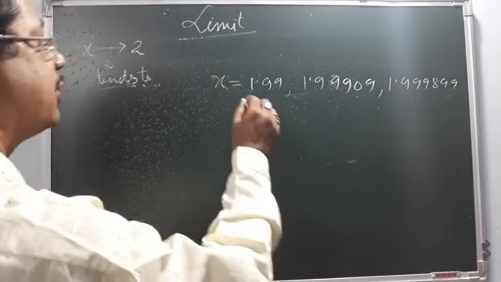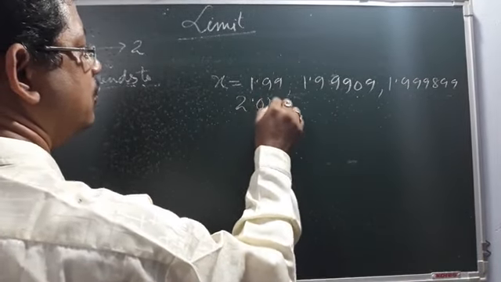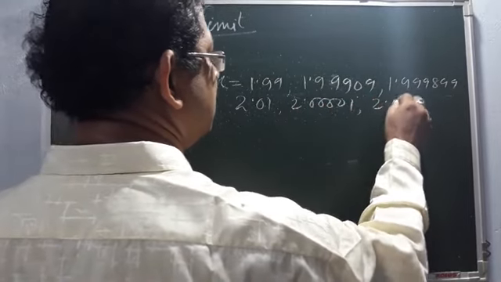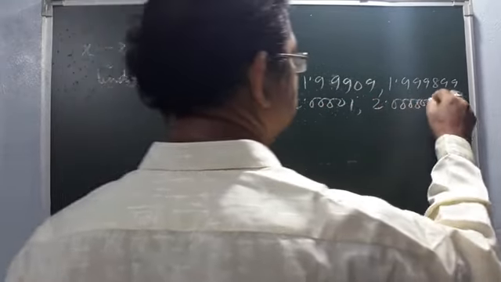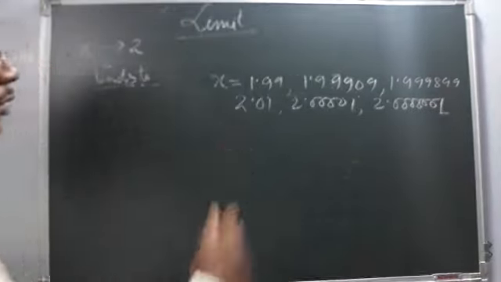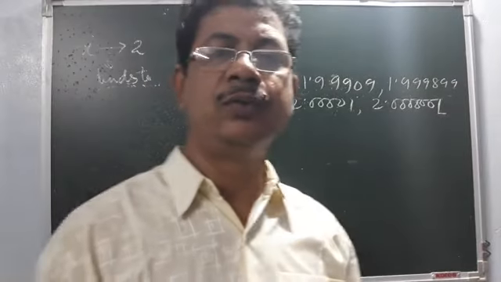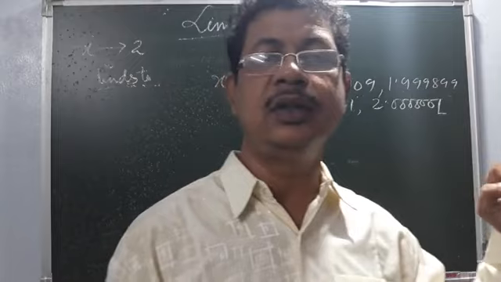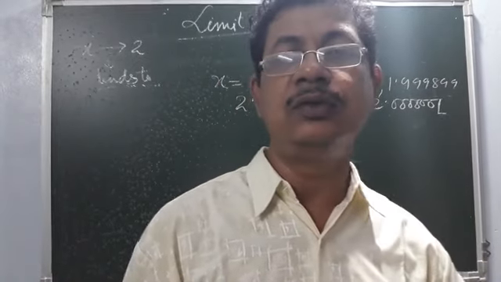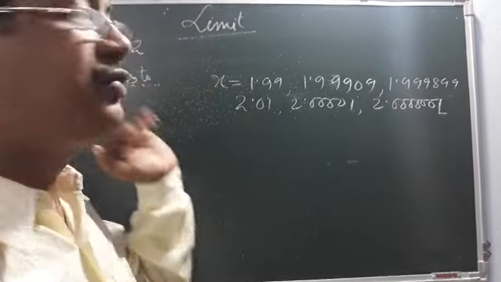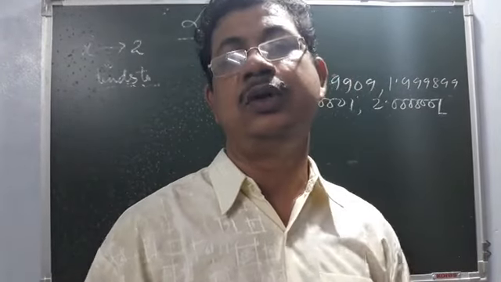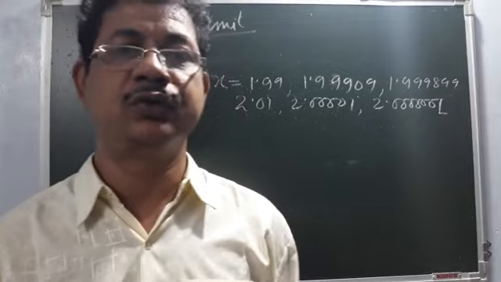Or we can take x's values 2.01 or 2.00001 or 2.0000001. So that means x has this type of values. Values which are either a little smaller than 2 or a little bigger than 2, then we say x has taken values near 2. That is, x approaches towards 2.